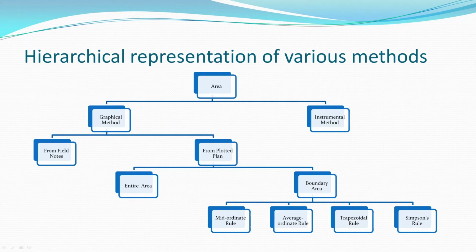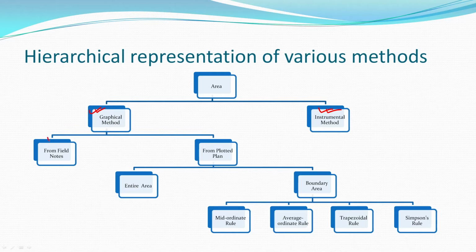So, hierarchical representation of various methods. We can determine the area using the graphical methods as well as the instrumental method. Instrumental method means using the planimeter. There are types of planimeters, and by using those we can determine the area. But apart from that, how many types of graphical methods are there?